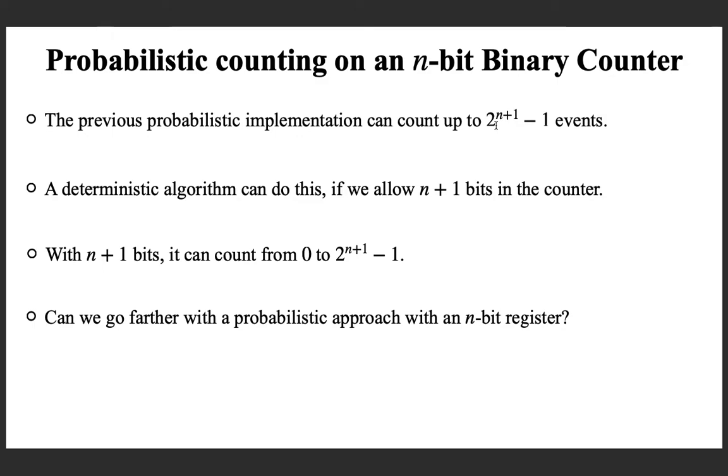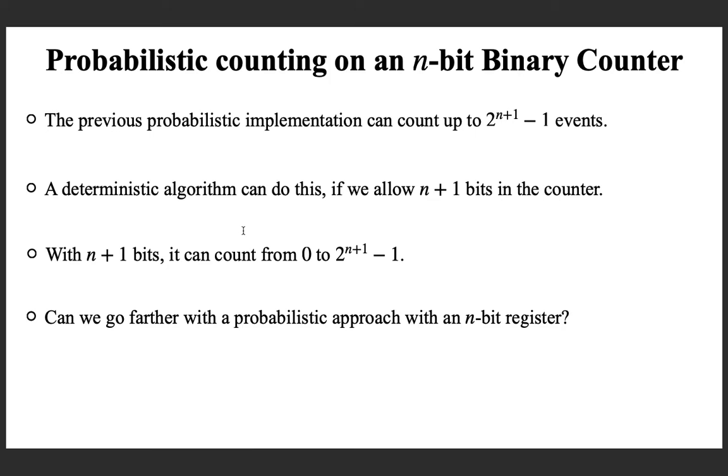Then we said no, that is not enough, because that you can do with one more bit. Then maybe that is what you should do. You don't go for a probabilistic method, because it may give you an imprecise value at some point of time. So don't go for that naive probabilistic implementation. You go for an n plus 1 bit counter, which is deterministic.